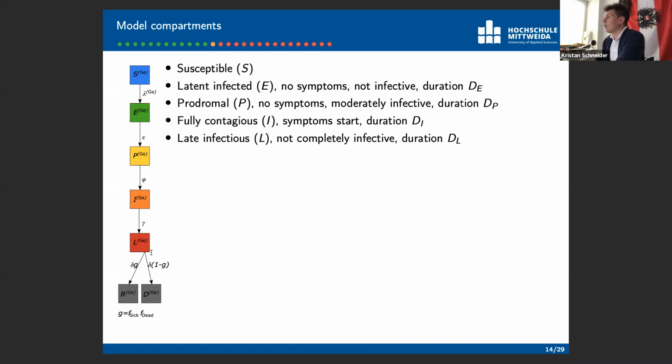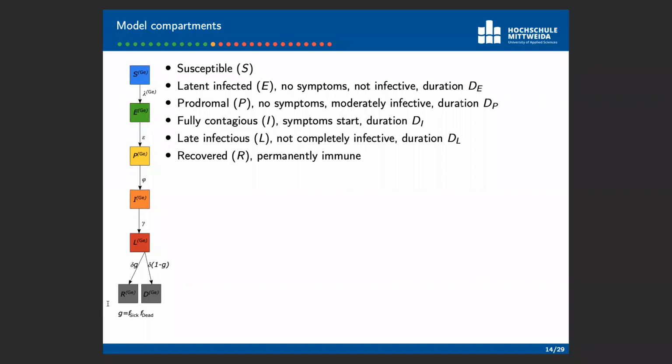And then you go to the late infectious stage. Here you are no longer completely infective, so the disease somehow progresses or fades. And from there, two things can happen. Either an individual recovers and is immune. We just assume they are permanently immune for this model.